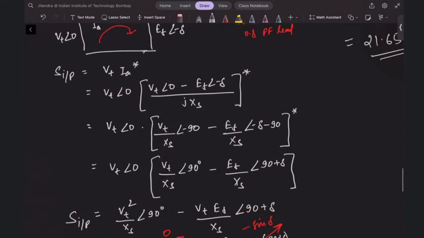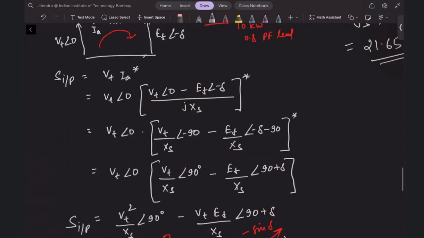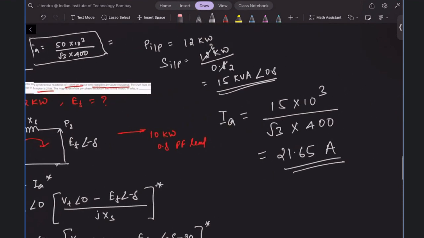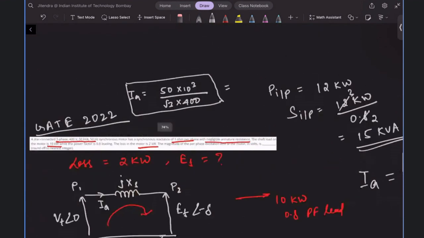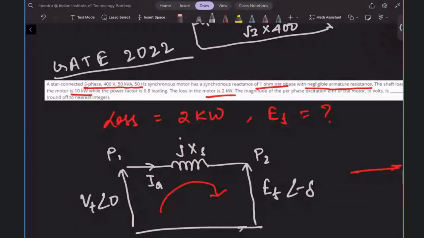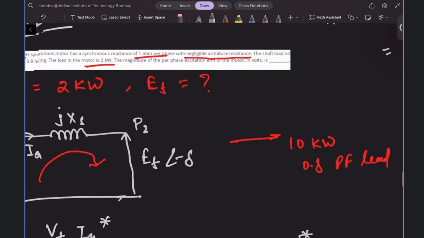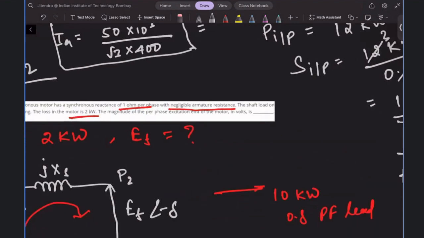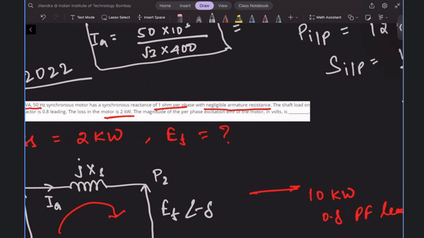Sir, how did you calculate IA? IA we calculated from whatever condition we are given, right? So we are given 10 kilowatt of output power as well as losses. So we converted to input power because you can calculate armature current either from the developed power or input power. But you do not have access to the developed power since you don't know the rotational losses in the machine.